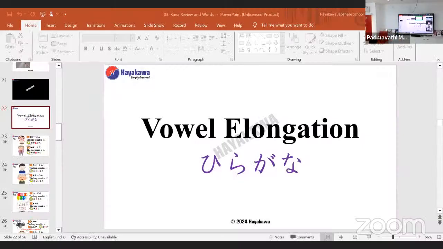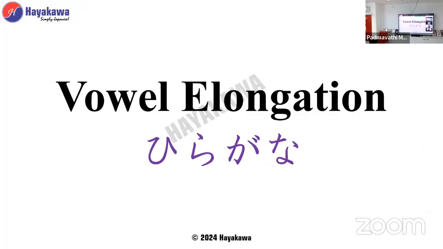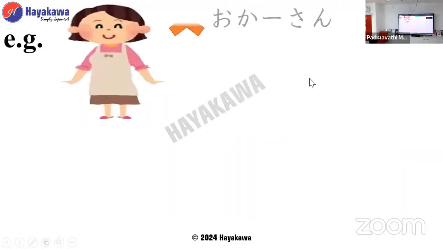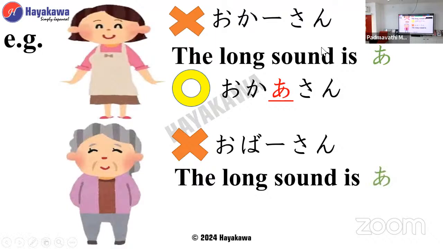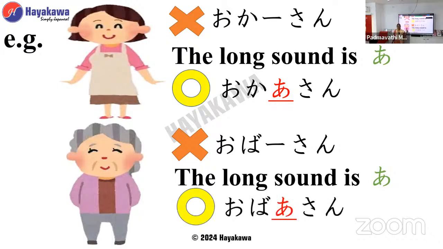So do you remember previous week? We saw a few words with elongation, long sounds. So how do you say mother? Okasan. So we will read the words, right? Next one. Oba-san.